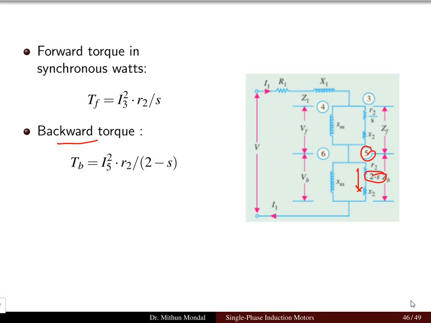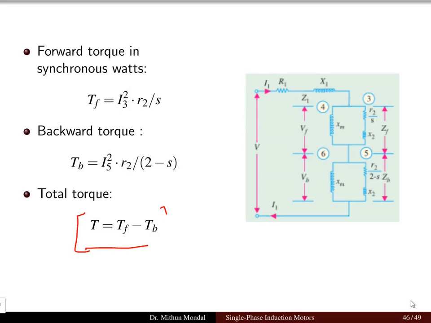So we have I5 squared into R2 divided by 2 minus s. See, these two equations are one and the same. The only difference is what current is flowing in the branches and what value of the slip we are considering. So the total torque again will be Tf minus Tb, because the backward torque is opposite to the forward torque.